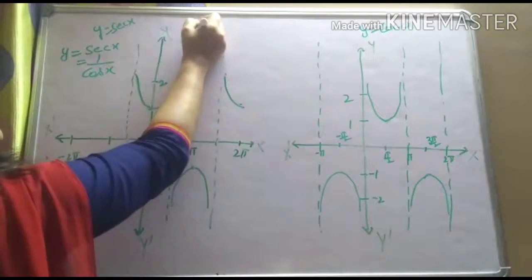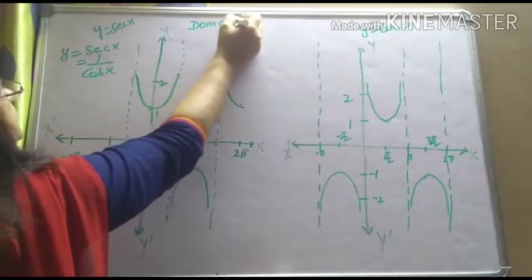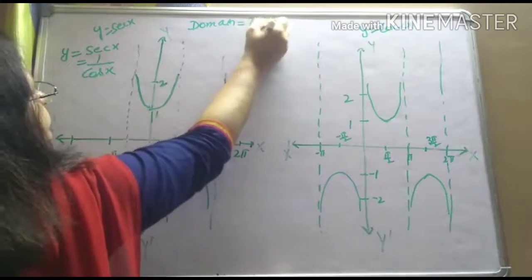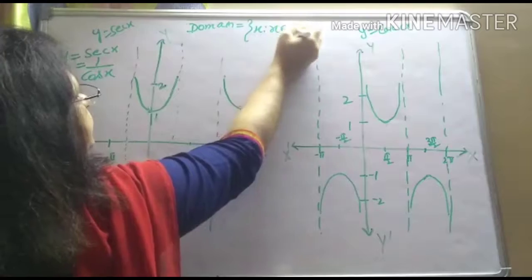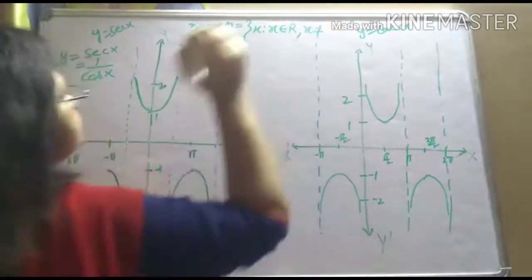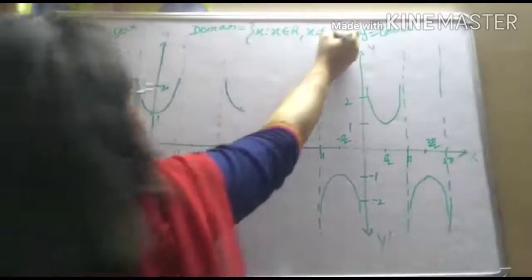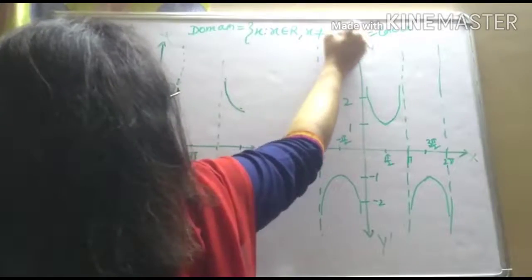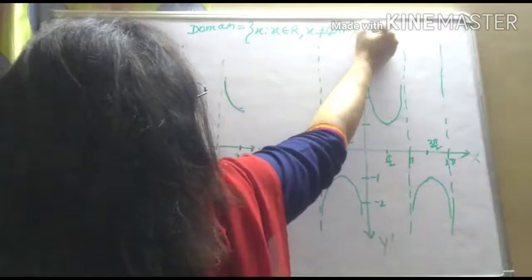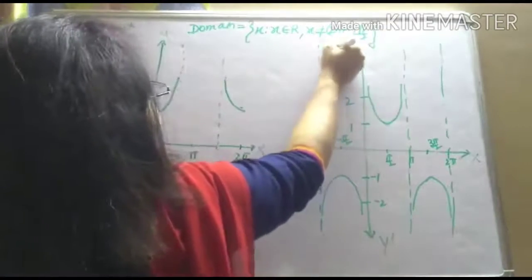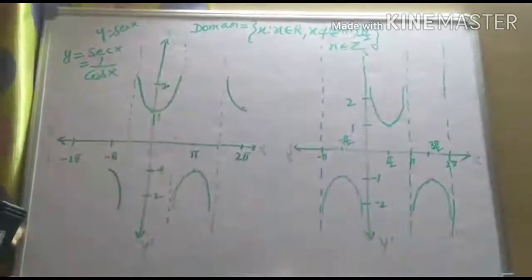So what is the domain of the secant function? Domain means the value of x. X belongs to R, but x is not equal to 2n plus 1 into pi by 2, where n belongs to integer.